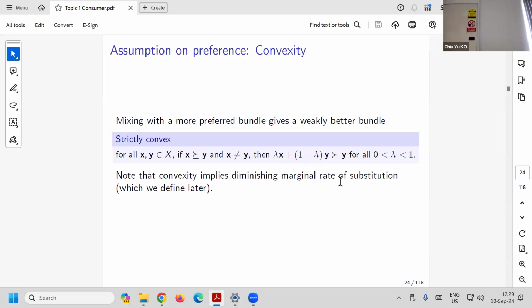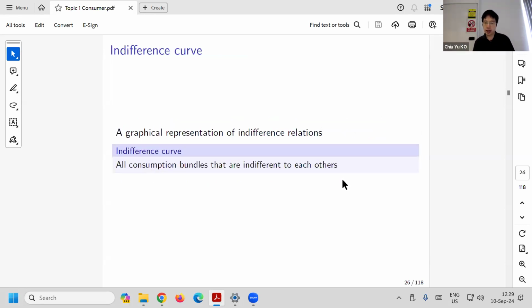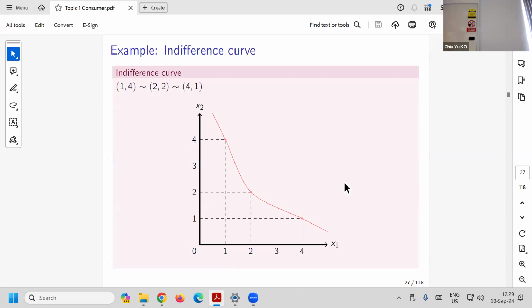You have two bundles, x better than y, and combining the two bundles in whatever way is still strictly better than y. And we have the indifference curve. The reason we have different assumptions on preference is we want this downward sloping, convex-shaped indifference curve. The assumptions of monotone, convex, continuous allow us to draw this indifference curve that you learned in intermediate micro, if you have joined the class before.